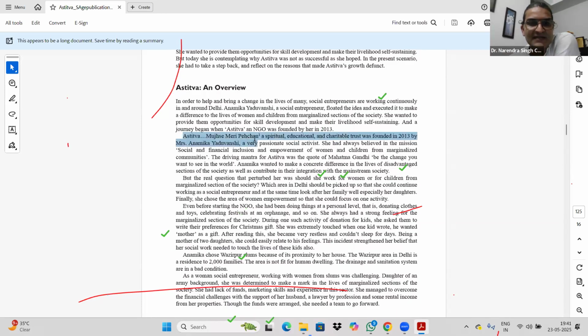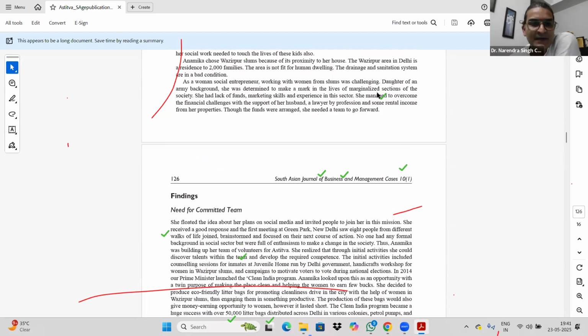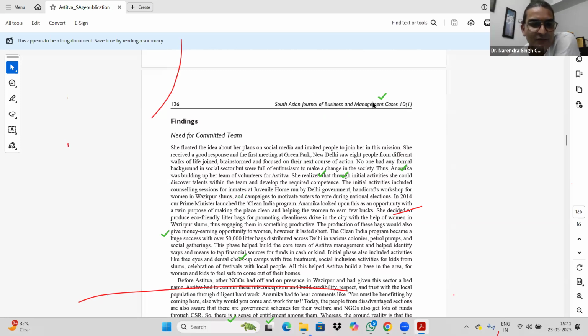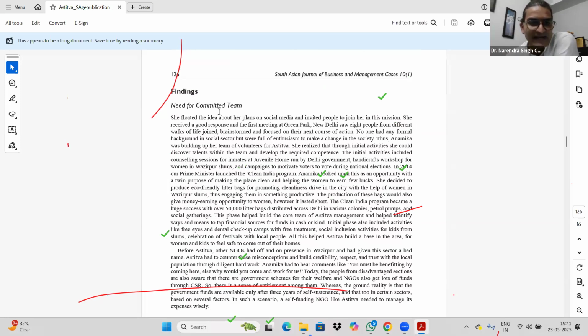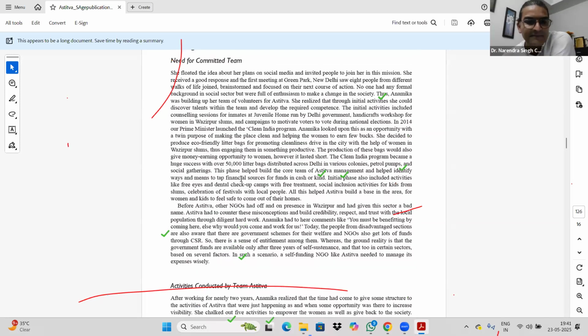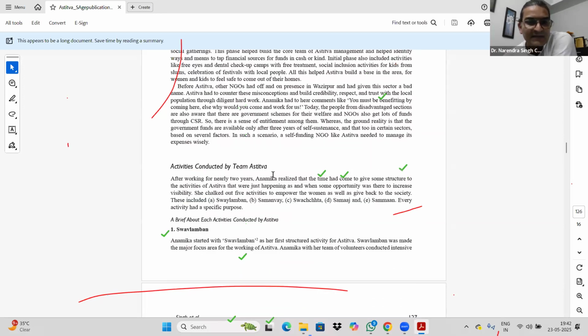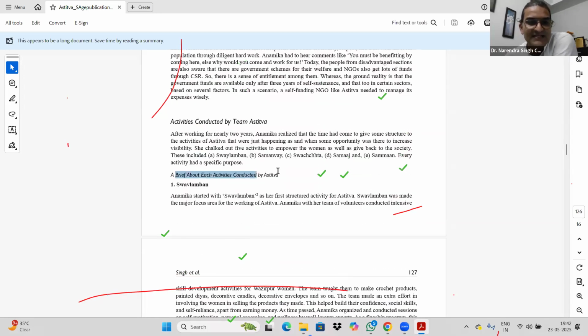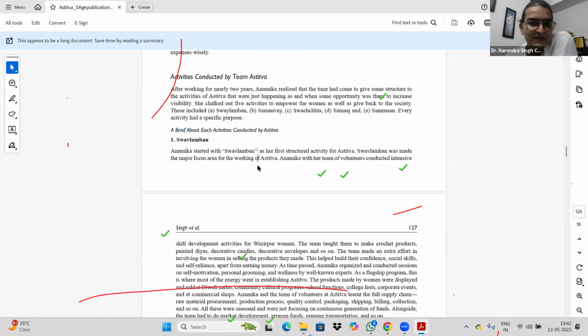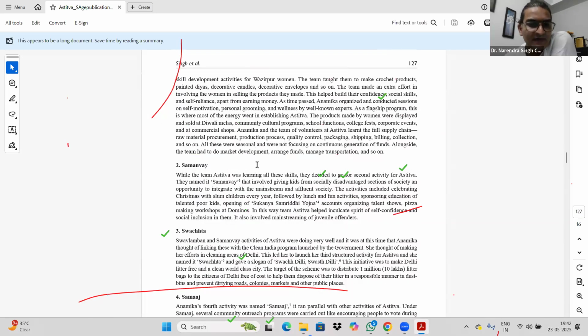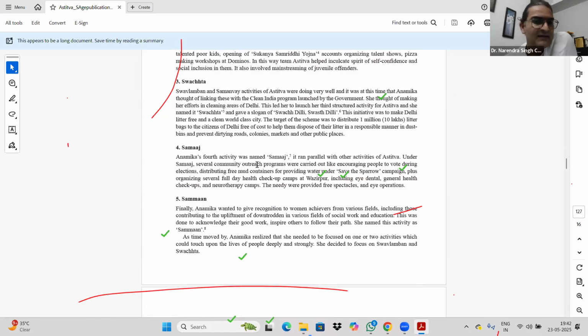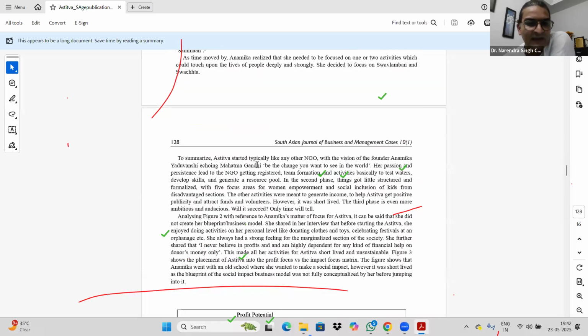Ultimately, on the basis of the interview, the findings talk about the need for a committed team and the activities conducted by the team at Astitva. These are the various activities: Swabhalamban, Samanvay, Swachhata, Samaj, Samman. These are five activities they are largely doing.